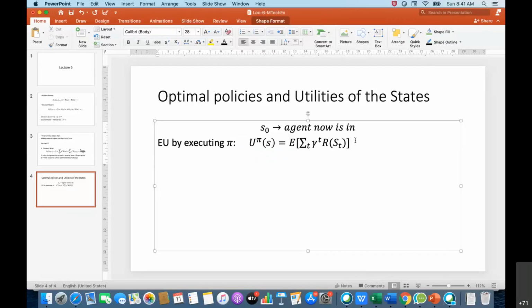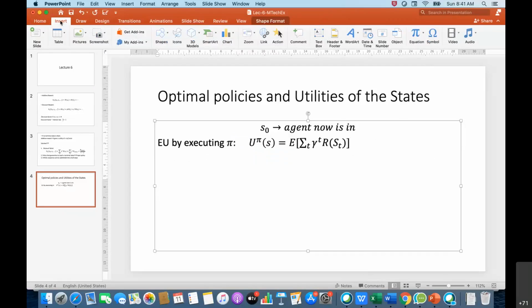Now the fact is that, in the optimal policy, how can that optimal policy be computed?